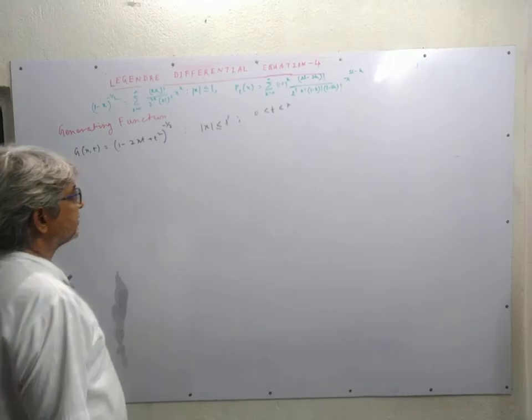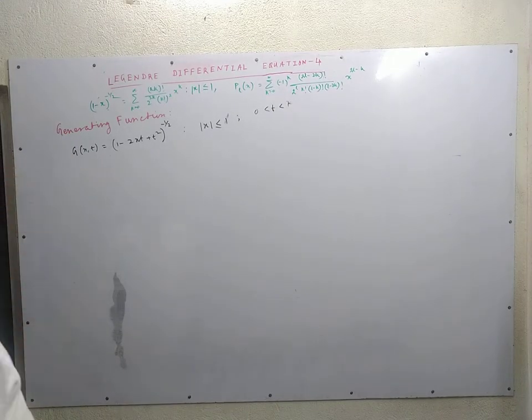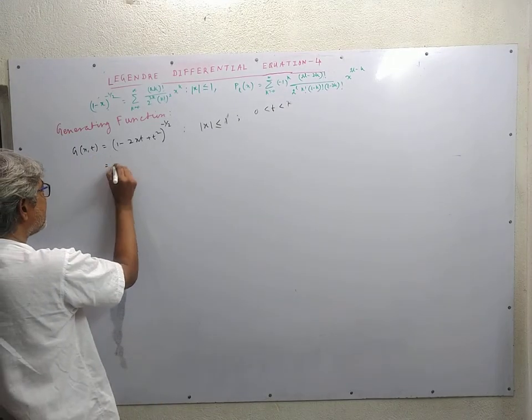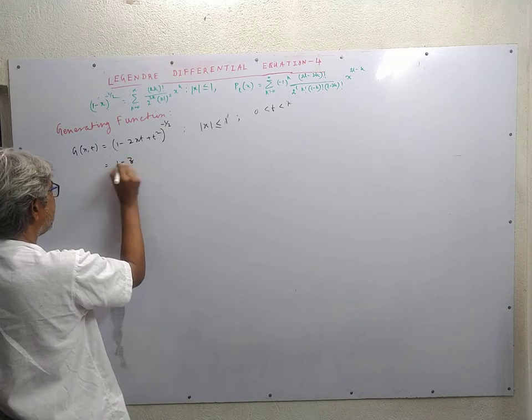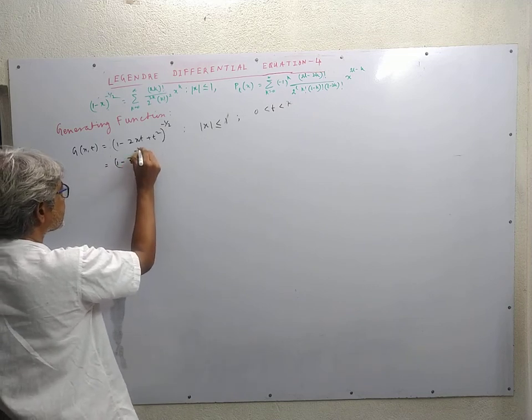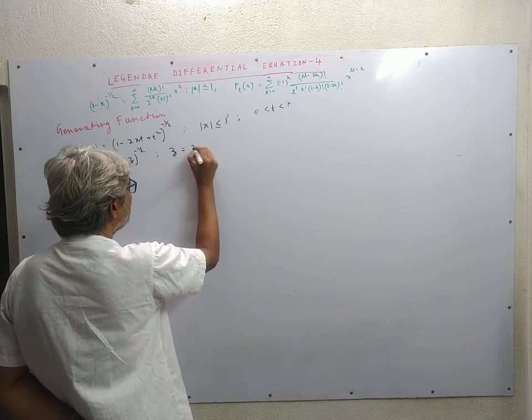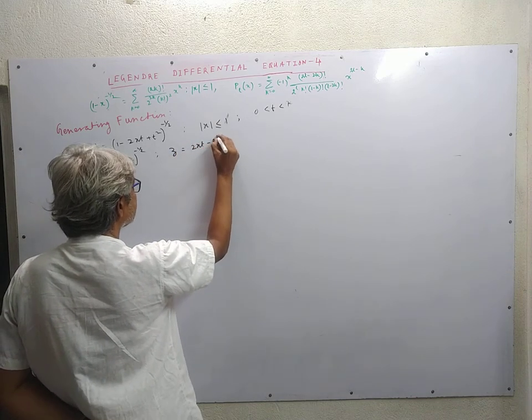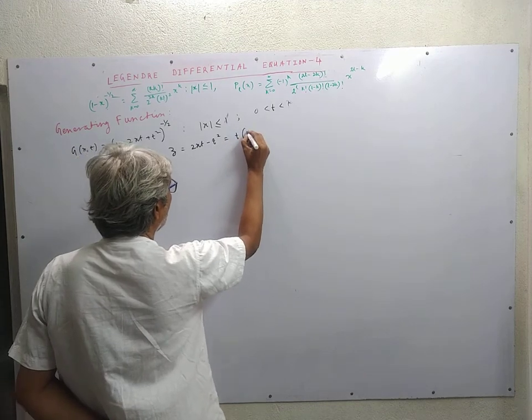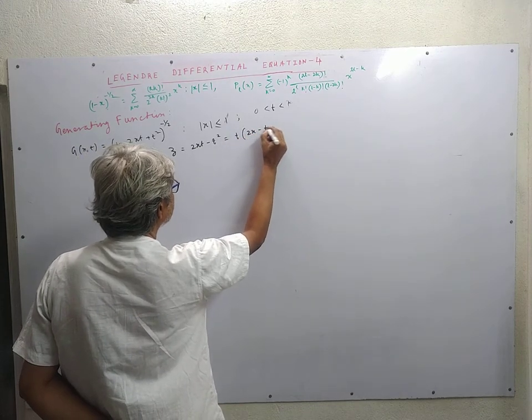This is the restriction. We rewrite this as 1 minus z to the power minus half, where z is equal to 2xt minus t squared, taking t common, t(2x minus t).